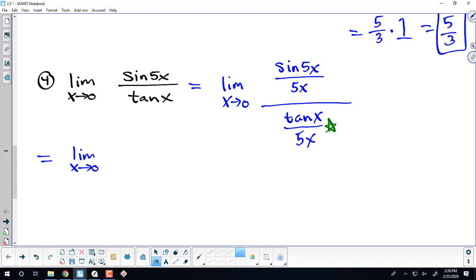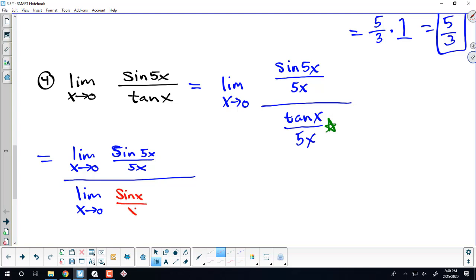So we can take the limit of the top divided by the limit of the bottom. The theorem applies directly here. We simplified the tangent x over 5x to sine of x over x times 1 over 5 cosine x.